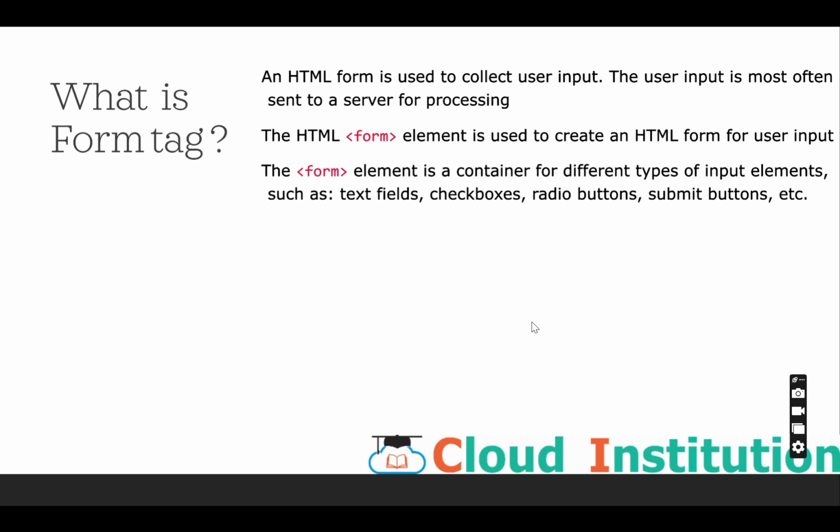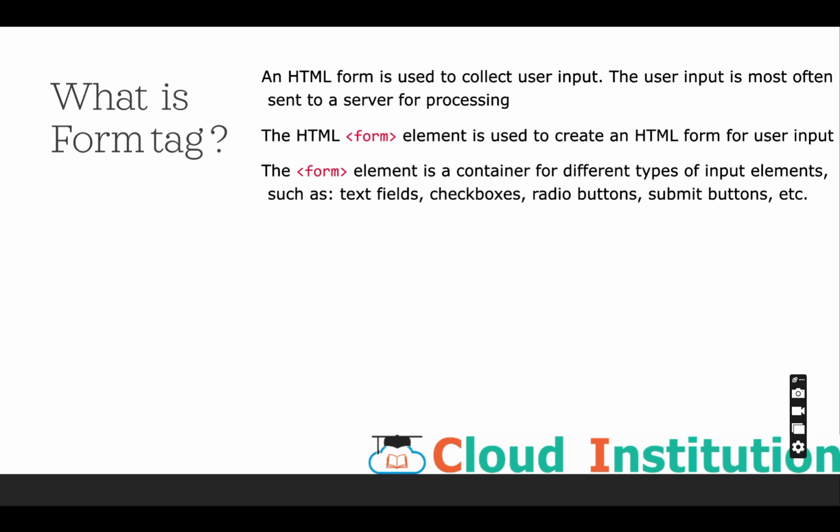For example, if you are adding the name, it should have a text field, right? If you are going with multiple choice questions or something like that, it will have some kind of checkbox. And if you are going with some kind of single answer questions, at that time you can go with the text fields. Okay, and the radio option is also there. Okay, and if you want to submit that form, there is a submit button.